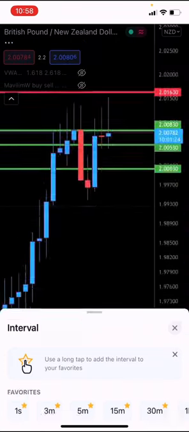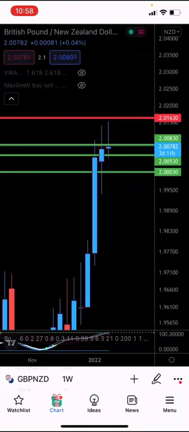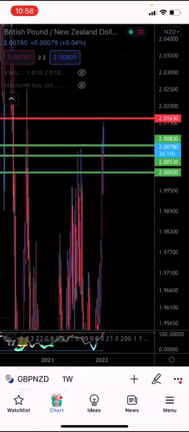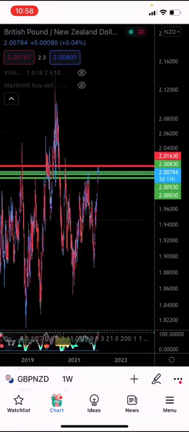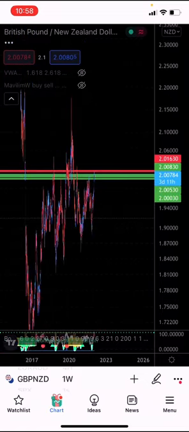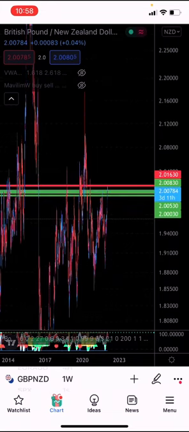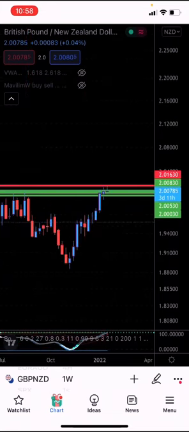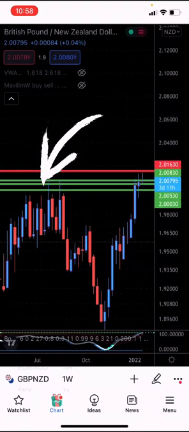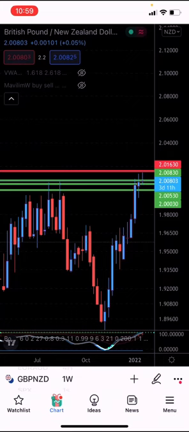If we have a look at the weekly chart and we go right back in time, we can see that the currency is actually coming back up again. It's hit a spot here and bounced down and then come up to the top.